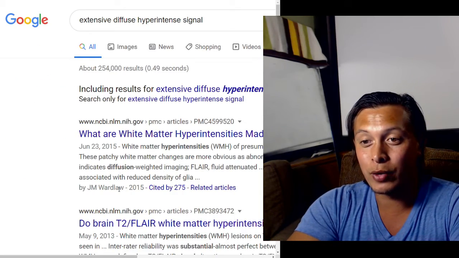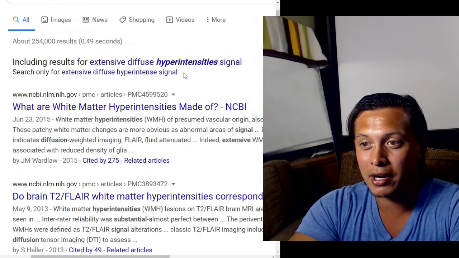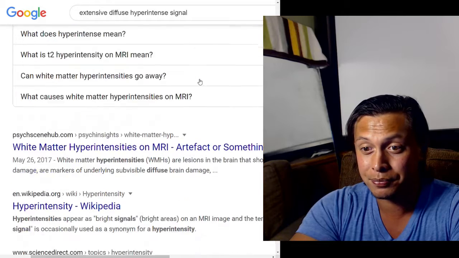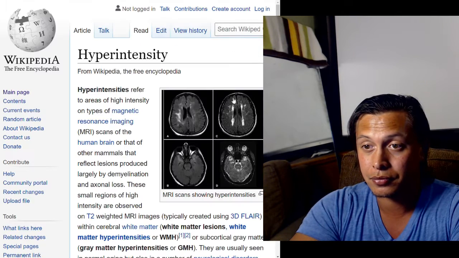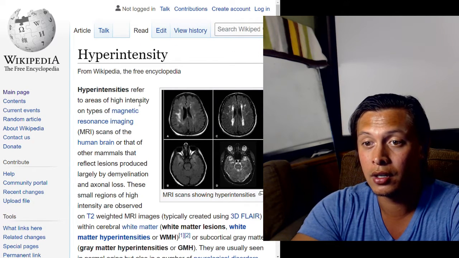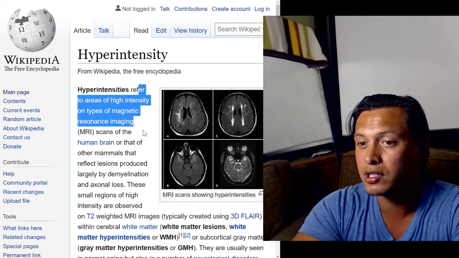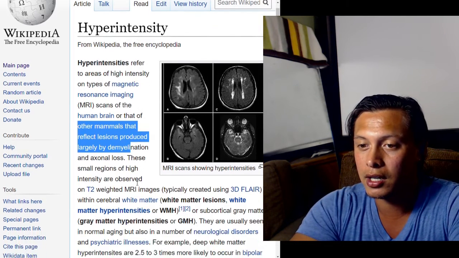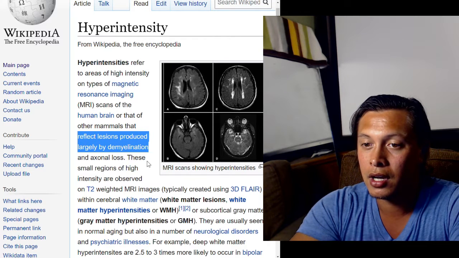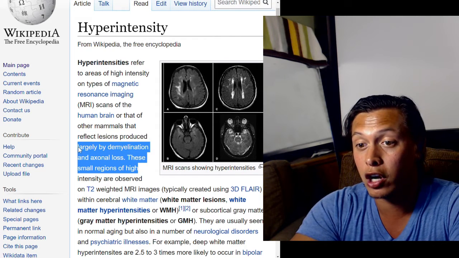I can read all these words, but there's always medical jargon. Hyperintensity refers to areas of high intensity on magnetic resonance images. Oh, and these are produced largely by demyelination and axonal loss.